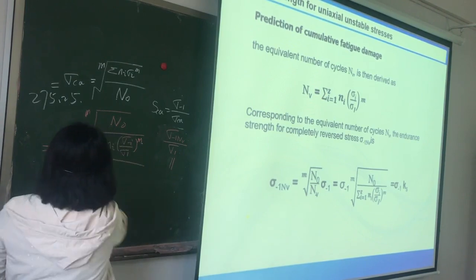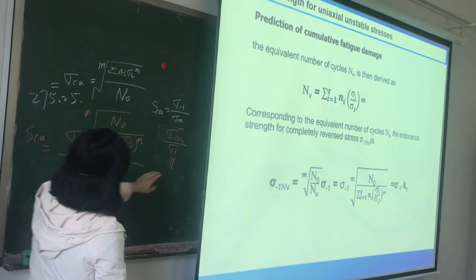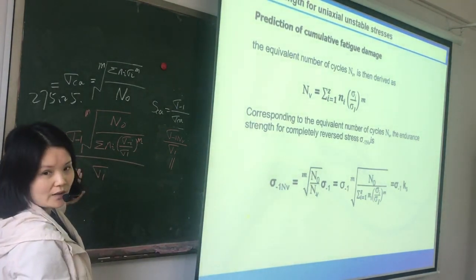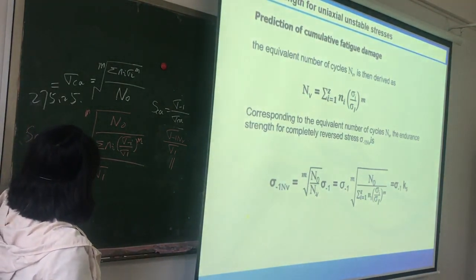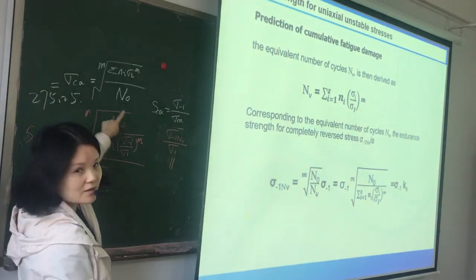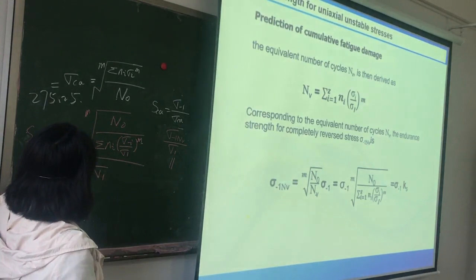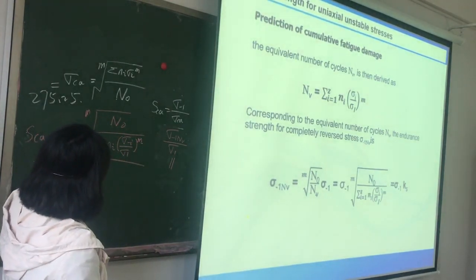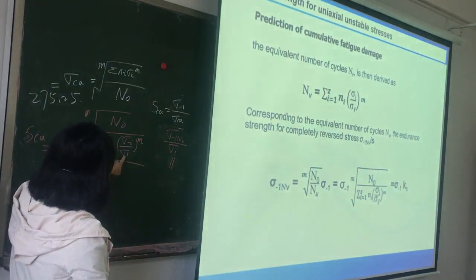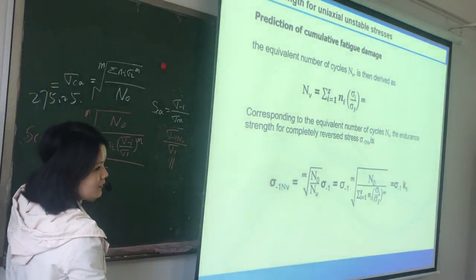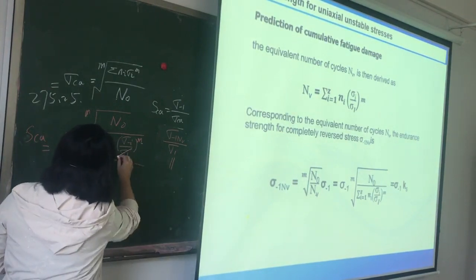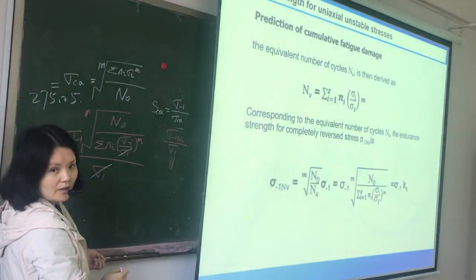Okay, the SCA using this equation can be expressed like this. Sigma -1 and weight equals sigma -1 times this. So SCA equals this divided by sigma 1, and this sigma 1 and this sigma 1 can combine.